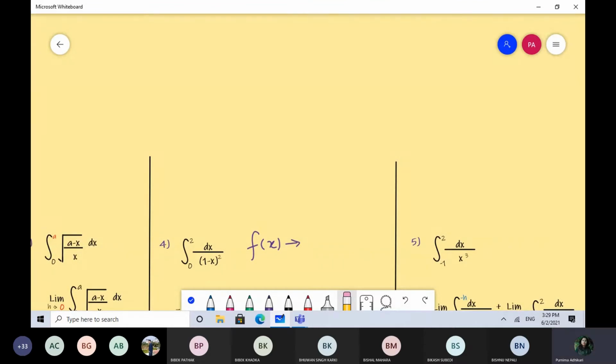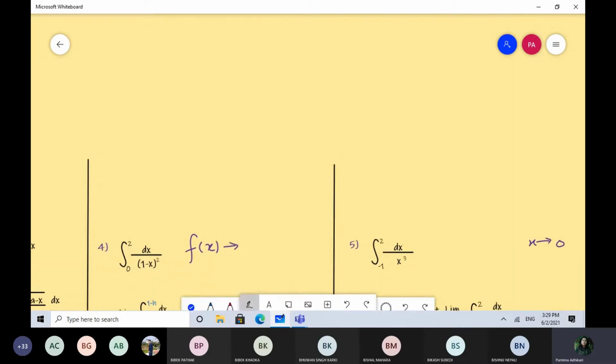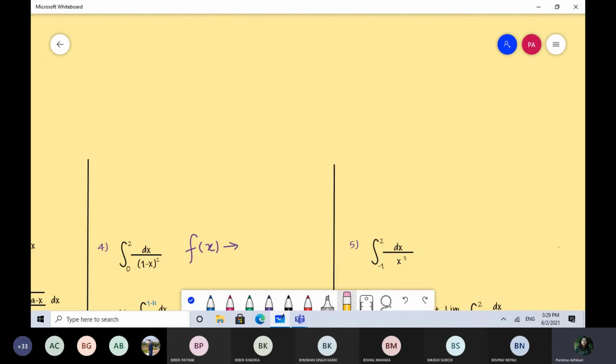Observe these two functions. The last two, the 4th and 5th one. Observe them and tell me what's going on here. Why are they improper integrals? Why are we calling them improper integrals?